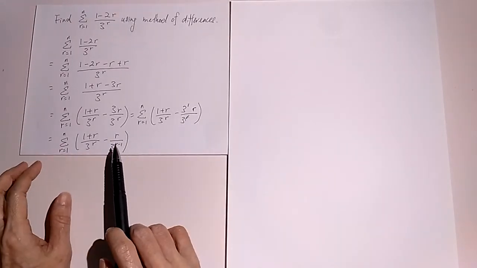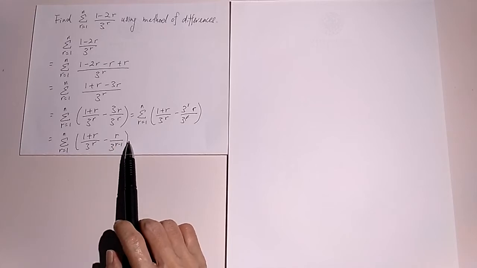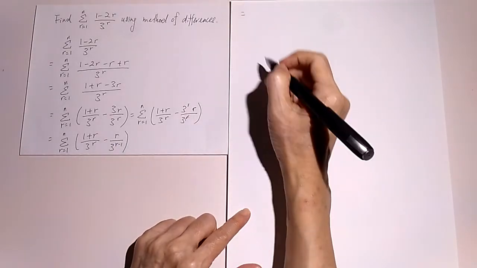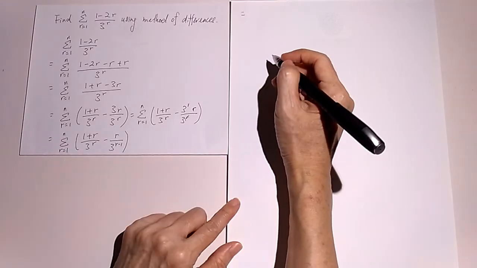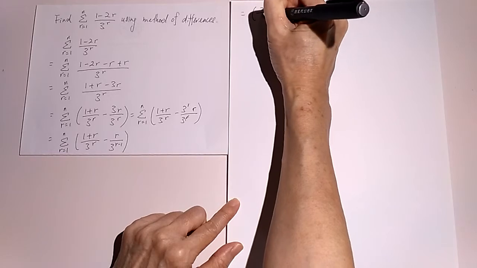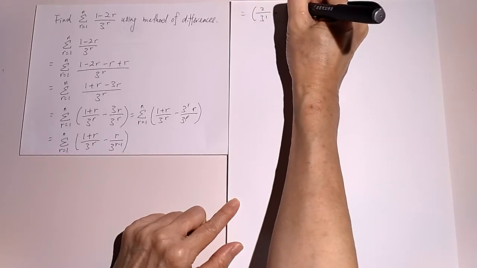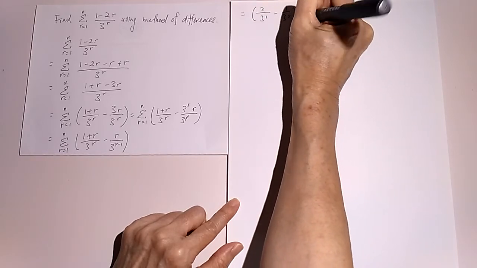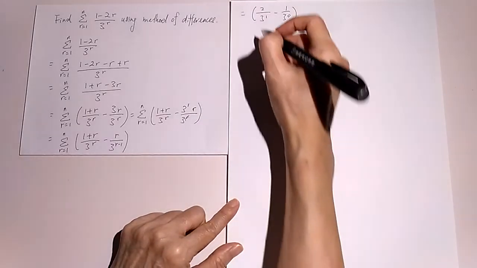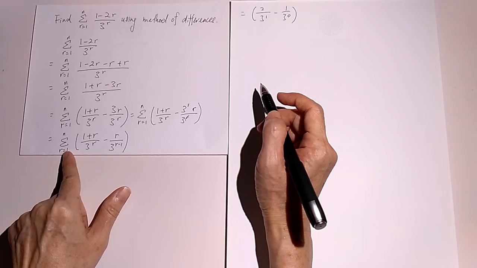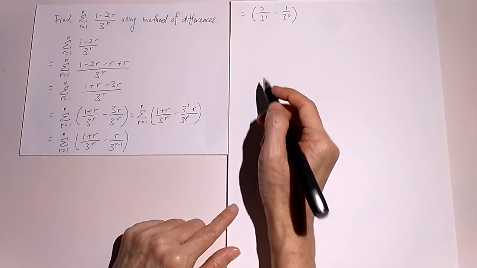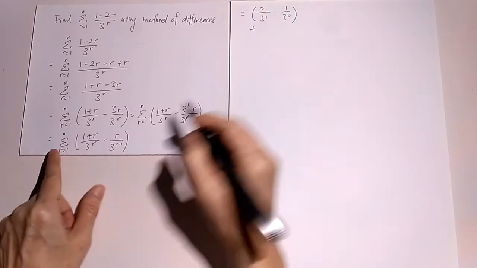Now we can expand it. How to expand it from here? If r is 1, I have 2 over 3 to the power 1, minus 1 over 3 to the power 0. And if r is 2, the next term, because r equals 1 all the way to n, the summation is plus.